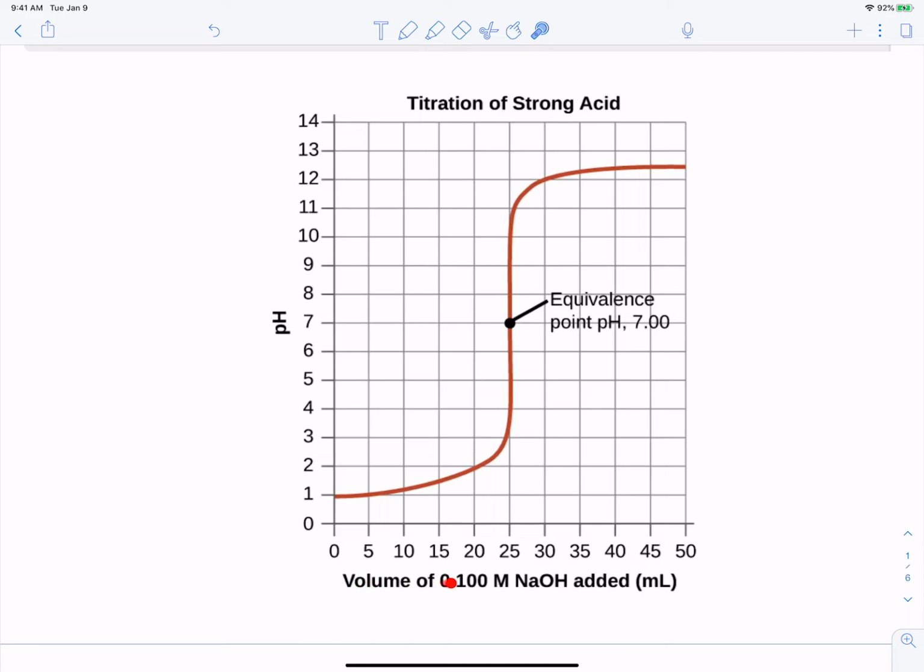Then as we progressively add sodium hydroxide, which is a base, the pH is going to slowly increase until we get to the equivalence point, where it's going to rocket up, and the pH is then going to be very, very high because this is going to be predominantly all base. So at the very beginning, when there's 0 volume of sodium hydroxide added, it's all acid in here, and it looks like the pH is about 1.